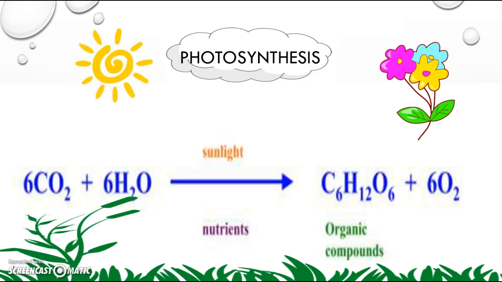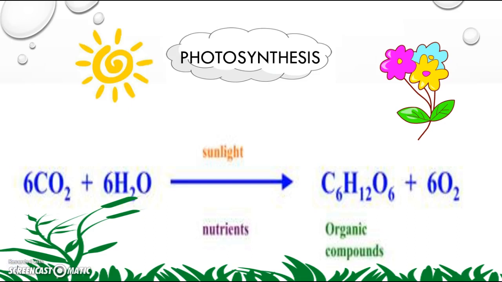This is photosynthesis. Photosynthesis is a process used by plants and other organisms to convert light energy from the sun into chemical energy that can be later released to fuel the organism's activities.